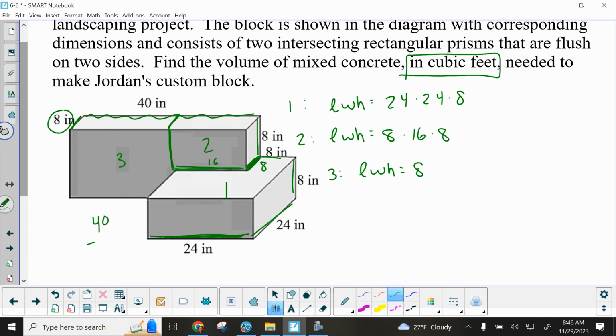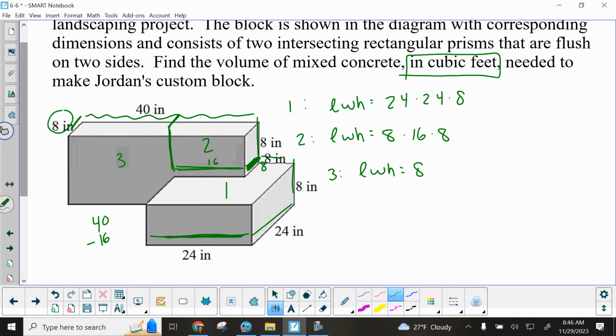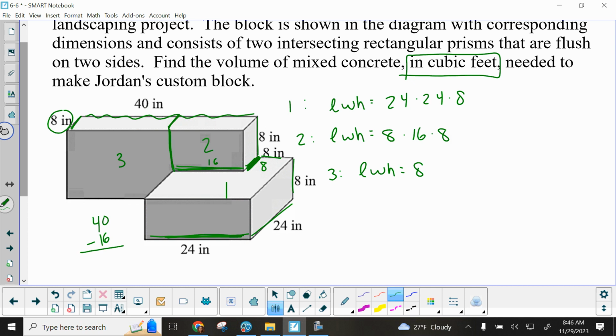So 40 take away 16, is how I get 24 for this dimension going across. And then I need the height right here. So in order to figure out this height, I can tell that this distance is 8 and then all the way down to the bottom is another 8. So this height is 16.